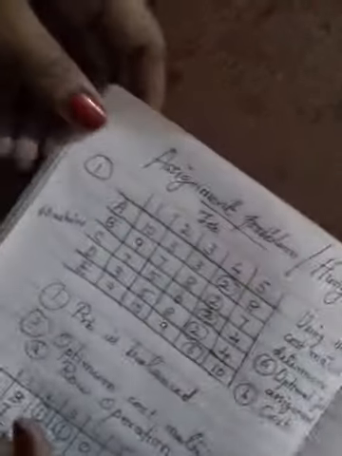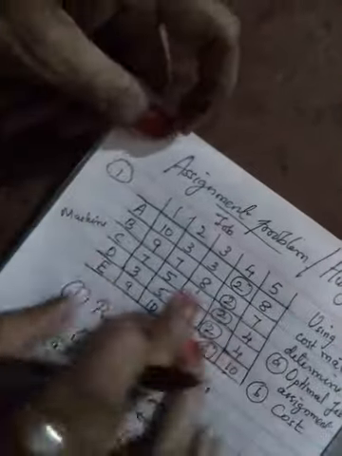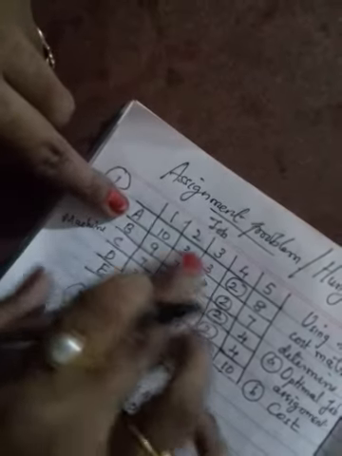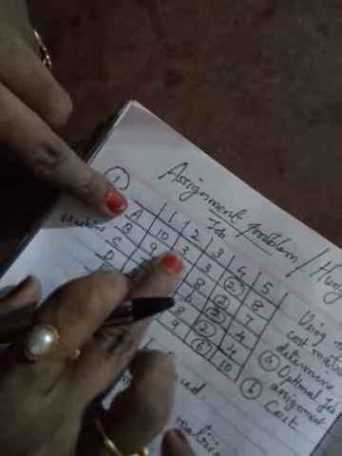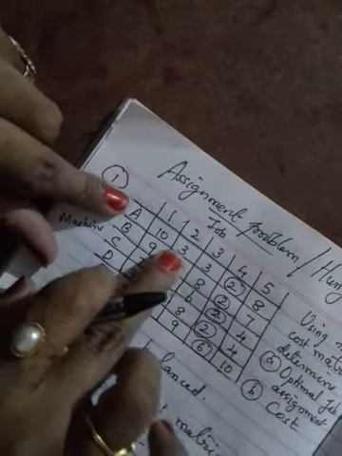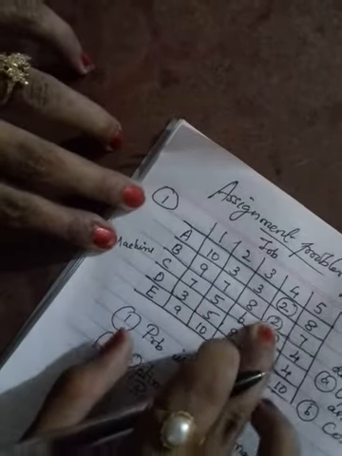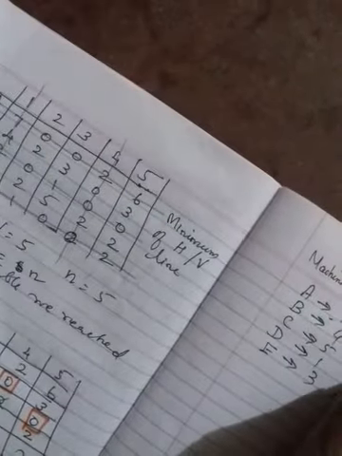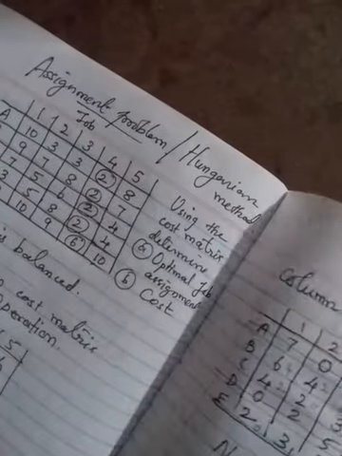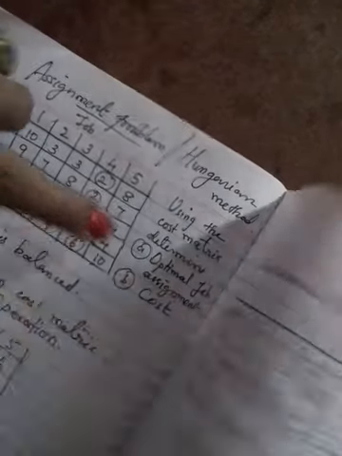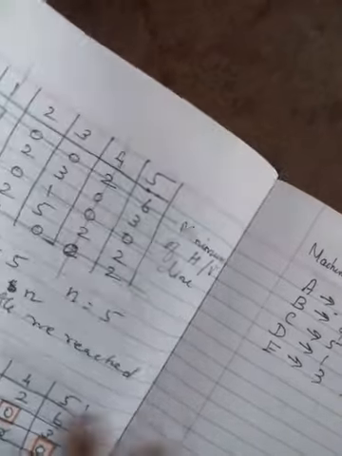Go to the very first table, the problem which is given. For A, second job, how much is the cost? 3. Write down 3 here. B is 4, that is 2. C is 5, that is 4.